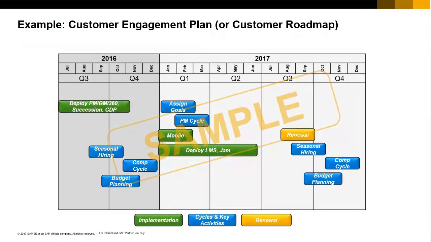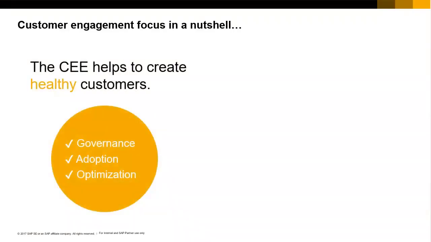So, customer engagement in a nutshell. What is the result of all of the proactive engagement? The bottom line is that proactive customer engagement delivers results. If we are maintaining the proper proactive engagement with our customers, we will create and maintain healthy customers that have good internal governance and adoption of SAP SuccessFactors solutions with proper ongoing optimization.